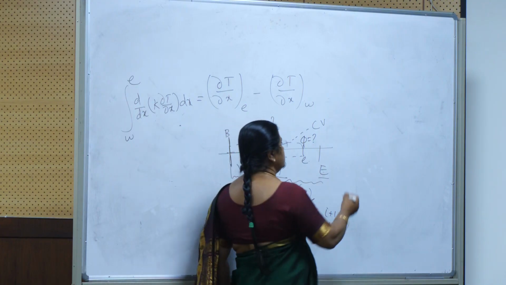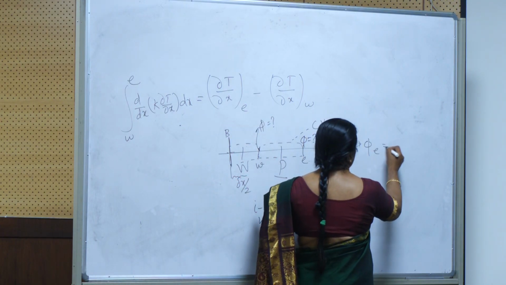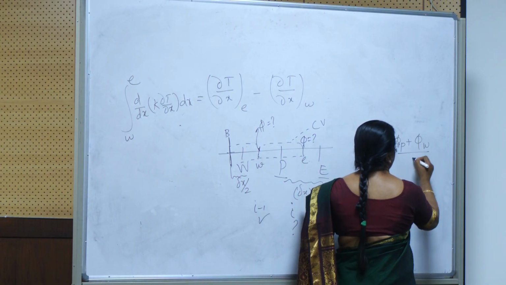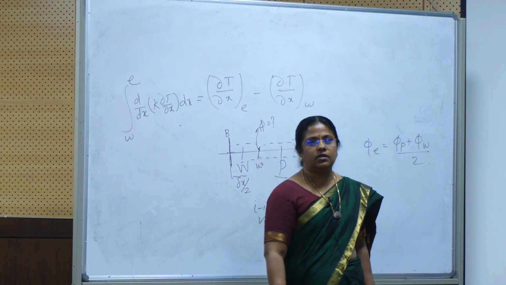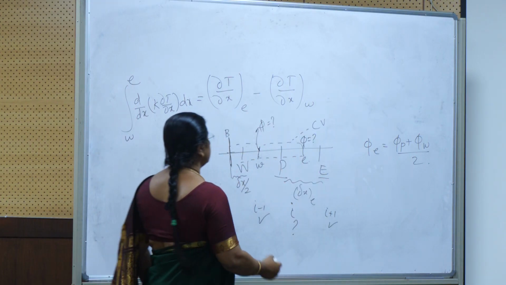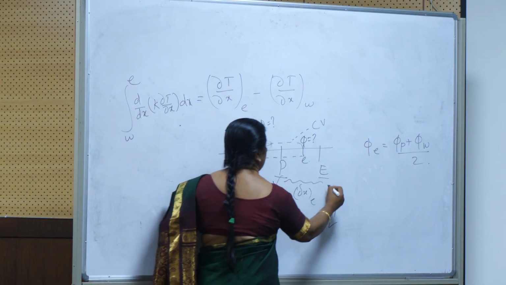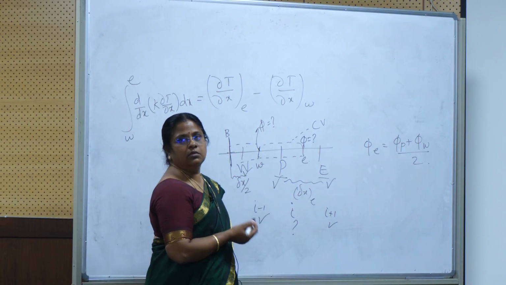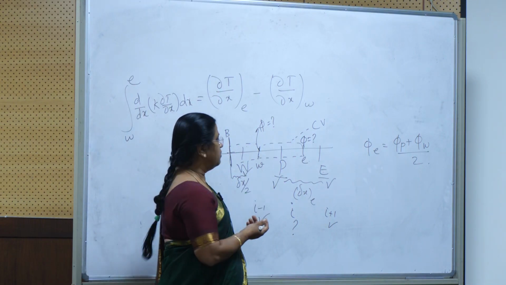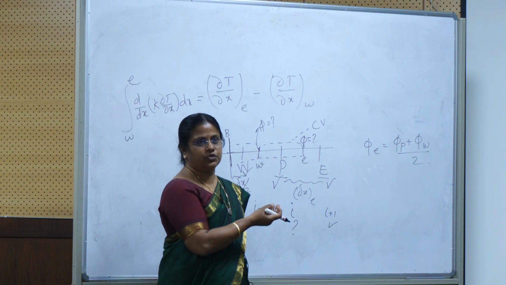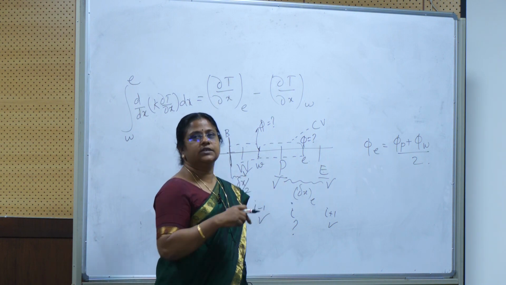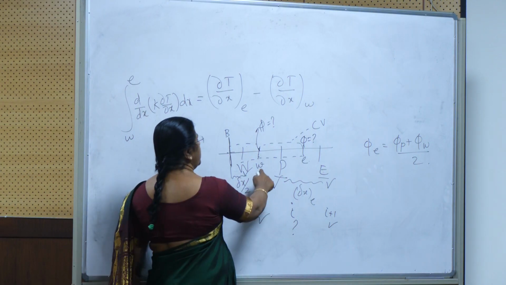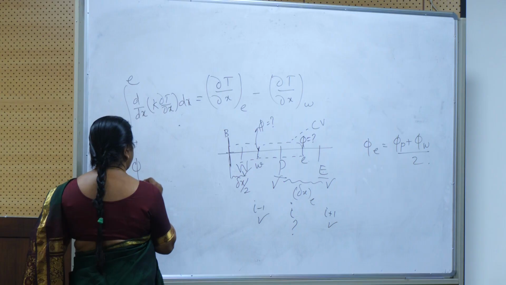Phi E equals the average, because at the nodal points I know the values. At this point I know, at this point I know, at capital W I know. So no work is here, isn't it? Average of these two. But oscillations are coming, and solutions will not converge.